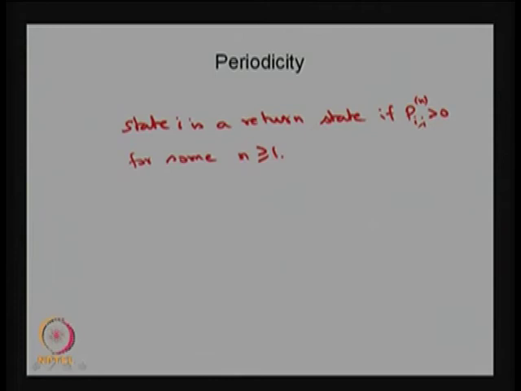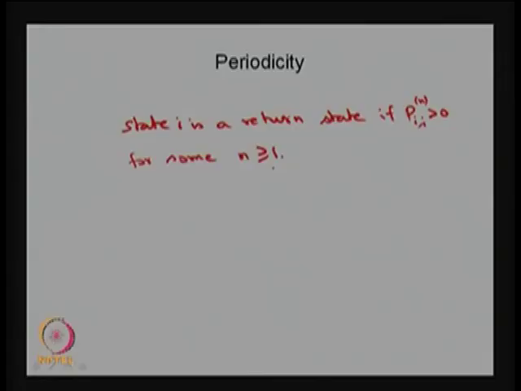First, I am defining the meaning of return state. Any state is going to be called a return state if the probability of starting from the state i and coming to the same state in the nth step is greater than 0, then we say it is a return state.